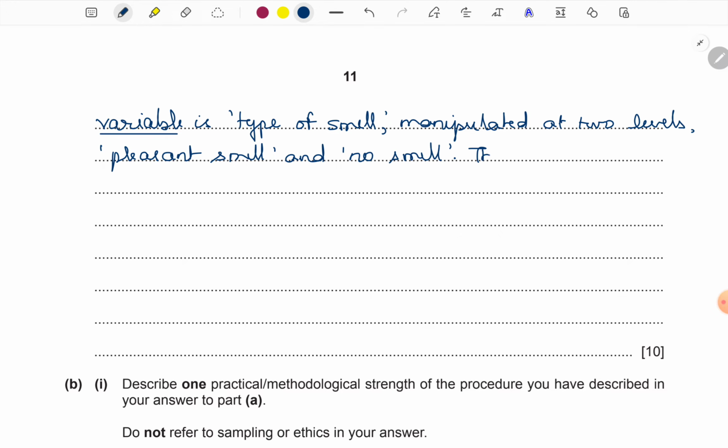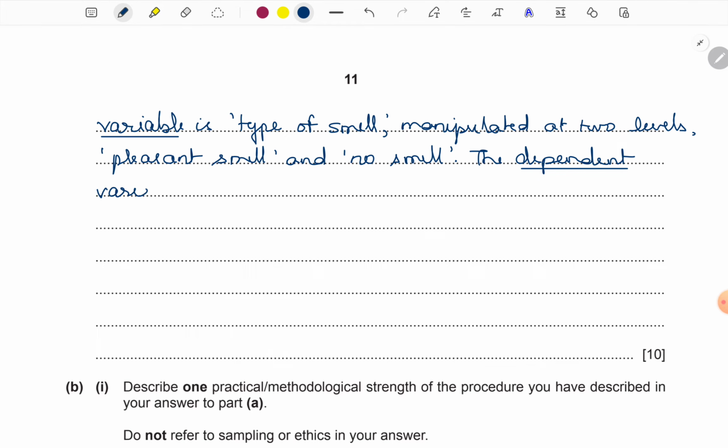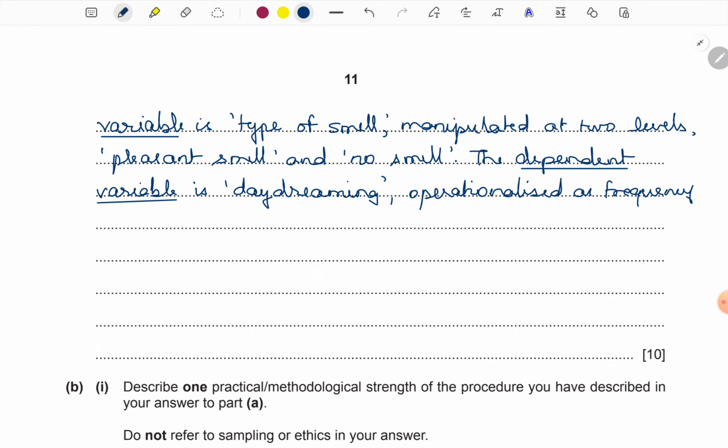The dependent variable is daydreaming, operationalized as frequency and duration of daydreaming.